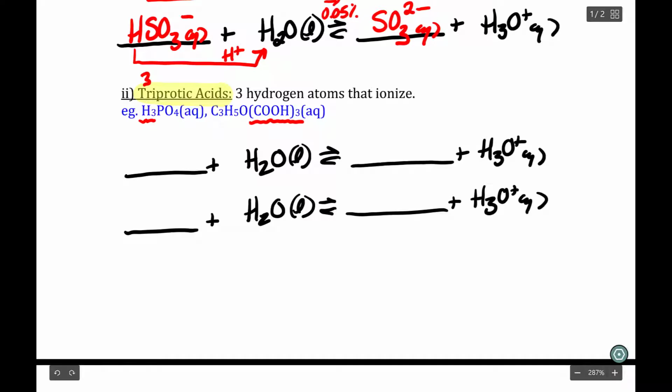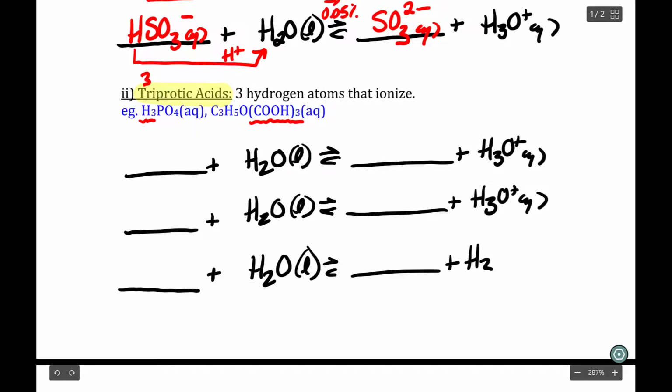And then next, blank plus water is in equilibrium with blank plus hydronium. So there's not a lot of triprotic acids out there. Phosphoric acid is probably the most common. This very complex looking organic acid is citric acid, which you probably take in almost daily in a lot of drinks that are out there or in fruits especially.